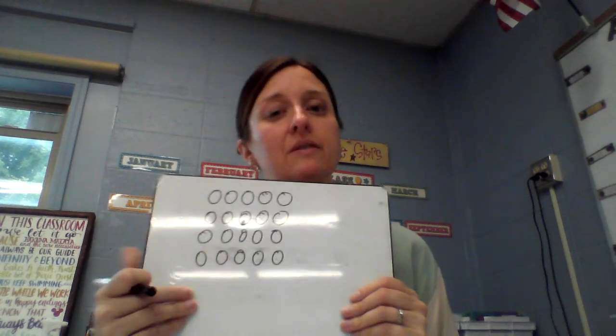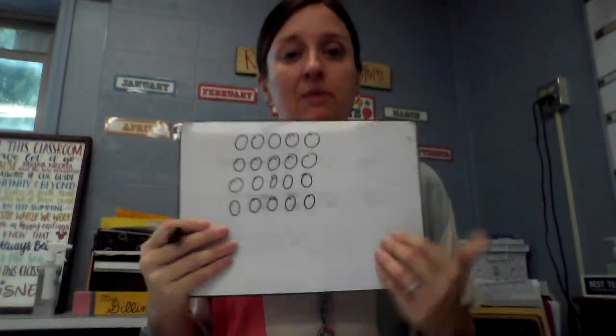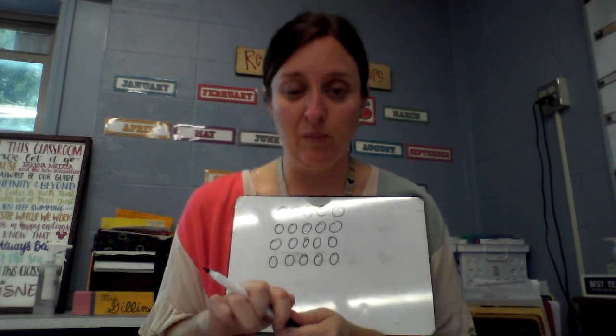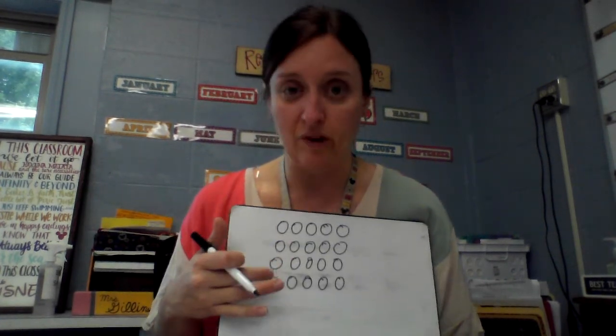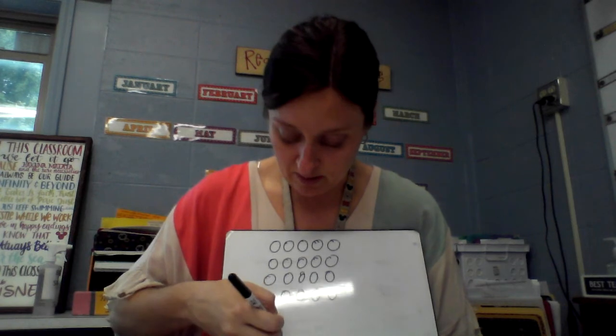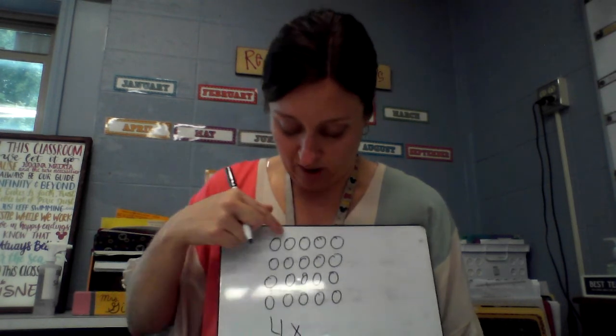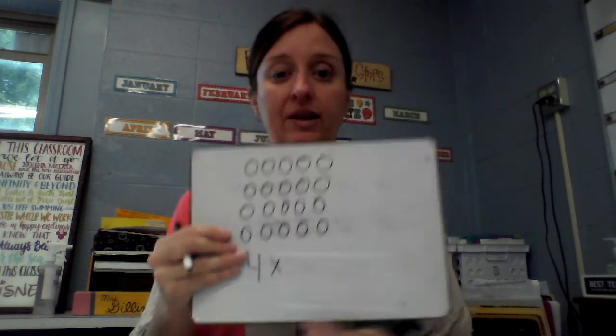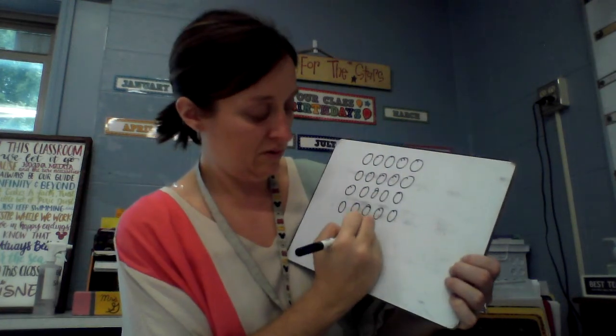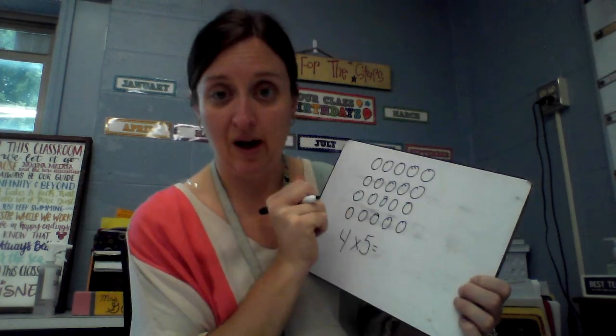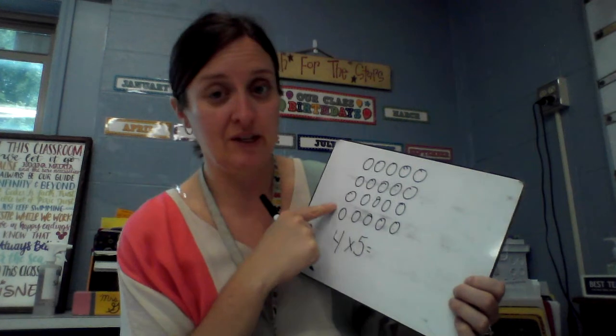If we were writing this as a multiplication equation, we would say there are 1, 2, 3, 4 rows times 1, 2, 3, 4, 5 in each row equals, and if we count by fives, 5, 10, 15, 20.